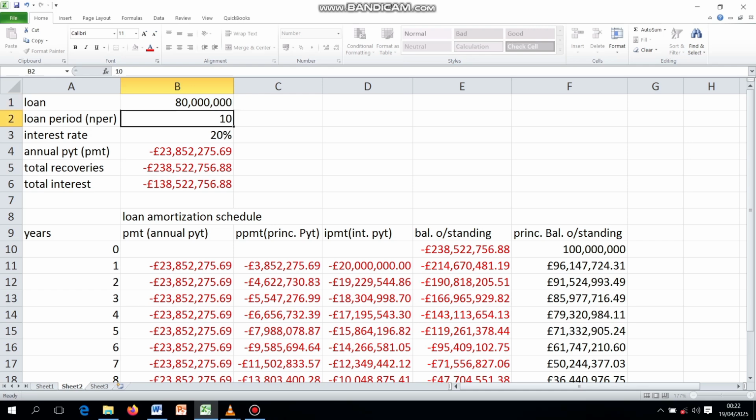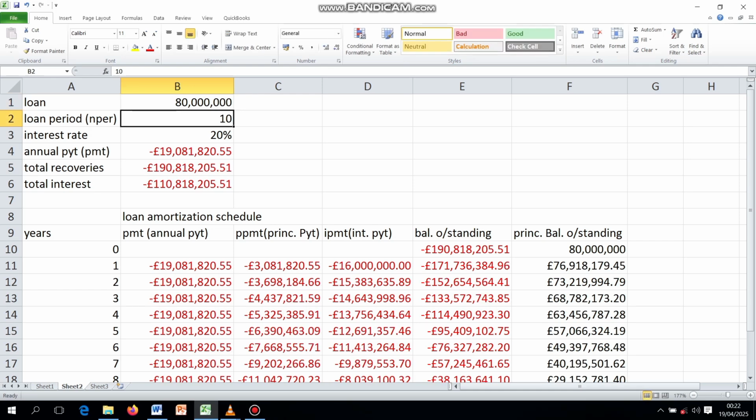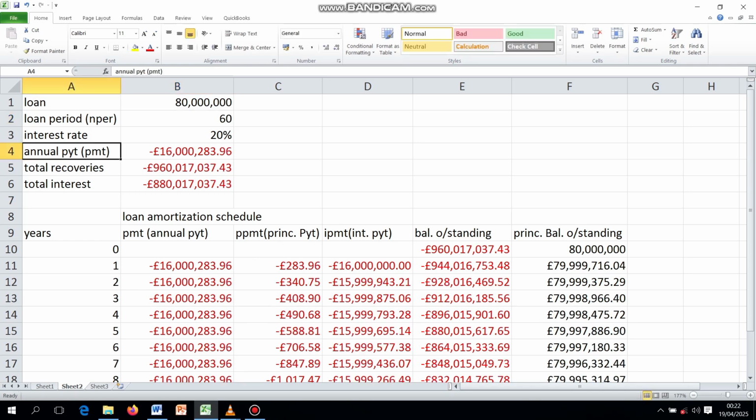So I'm going to get 5 and multiply it by 12 because there are 12 months in a year. I get 60. So here I'll put 60 because of the number of months. And here I'll change it to monthly payment, which is PMT.